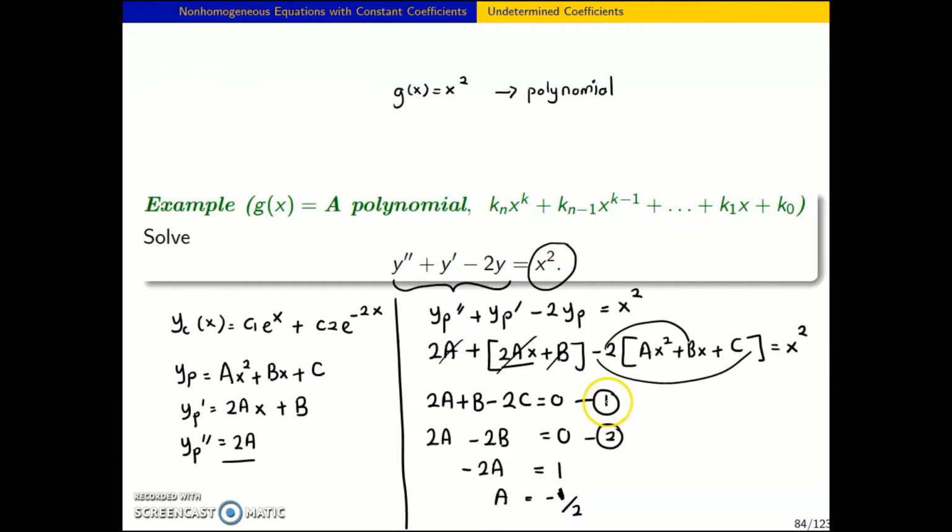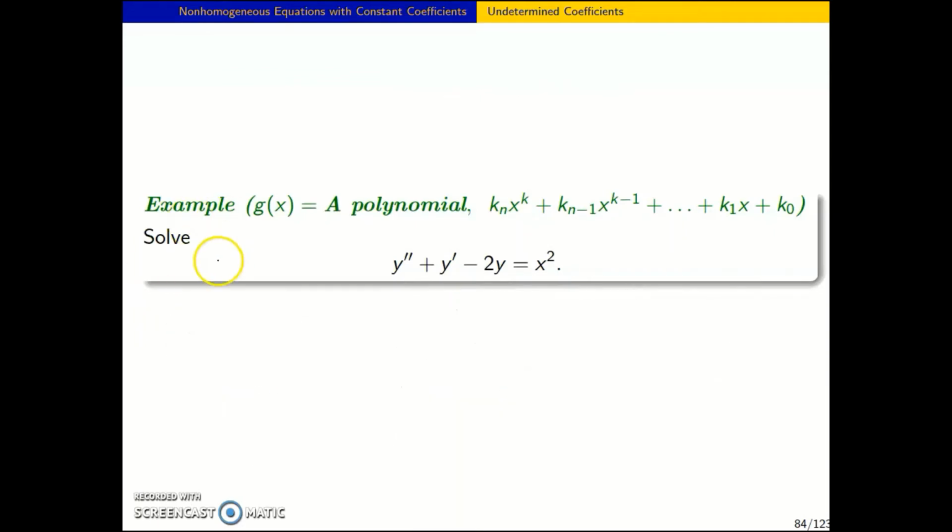Since we have a equals negative half, I need to find the other coefficients. If I put a equals negative half into equation 2, I have 2a minus 2b equals 0, with a negative half.